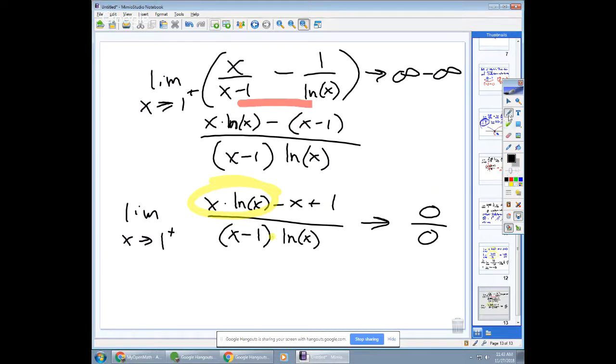So according to L'Hopital's rule, what is this going to be equal to? So there's an x over x, which is just 1. Minus 1. Oh, yeah, plus.